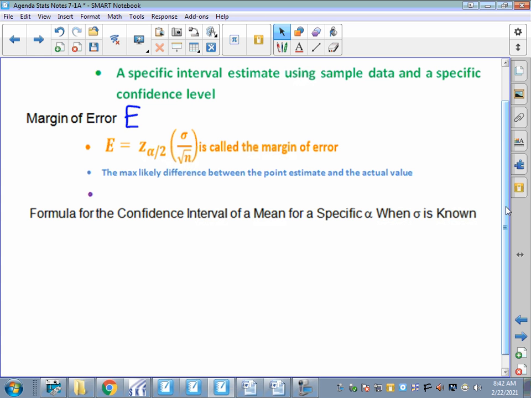Just like in that example, we said 16.3 was our point estimate, and then we could go 4/10 of a year on either side of it. So that's that margin of error. And you might be wondering about the alpha. That's the only new thing I think we haven't talked about. Alpha is equal to 100% minus the confidence level. And we're going to turn that into a decimal.